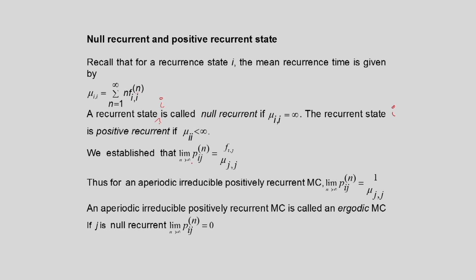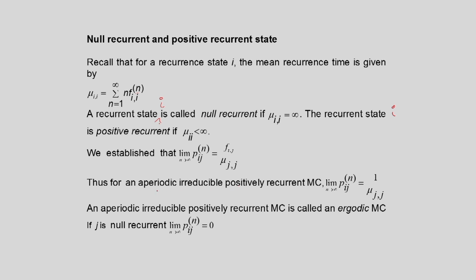We have already established that for a recurrent state, the limit as n tends to infinity of Pij^n is given by Fij by mu jj. Now suppose we are considering an aperiodic, irreducible, positively recurrent Markov chain. Irreducible means all the states in this chain communicate.